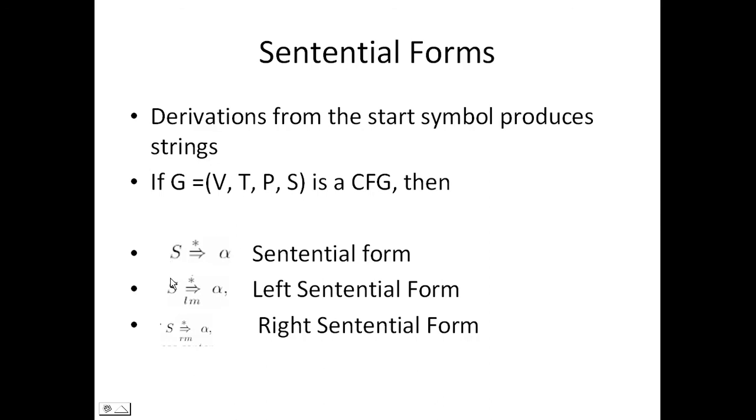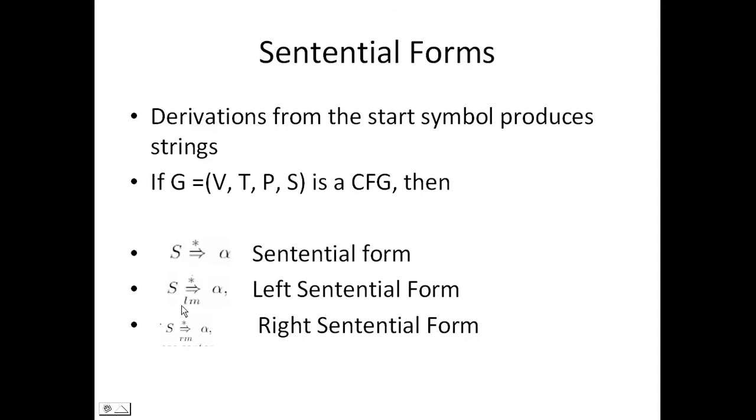For example, if our grammar G is equal to V, T, P, S is a context free grammar, then S in multiple steps, if you apply multiple production rules from the start symbol and get a string alpha, then this is a sentential form.